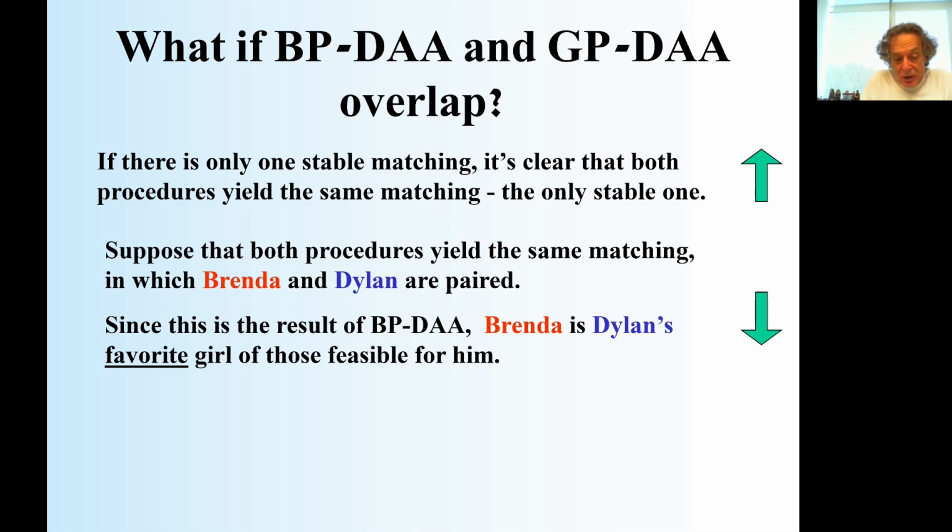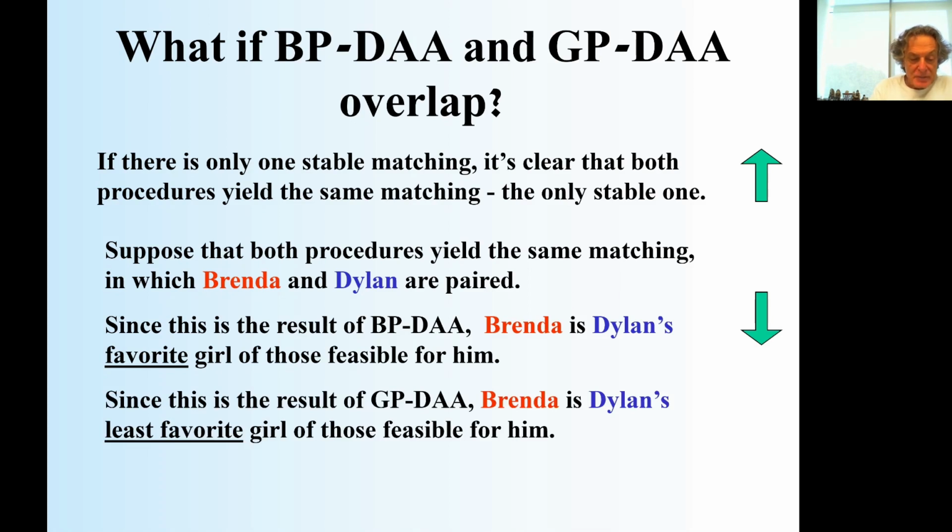So in particular, Brenda and Dylan are matched in the boy proposing DAA. So Brenda is Dylan's favorite girl of those feasible for him. So in all the stable matches, Brenda is Dylan's most favorite girl, because this is a result of boy proposing. In boy proposing, all boys get the best they could get.